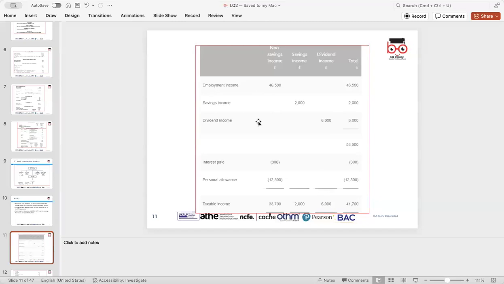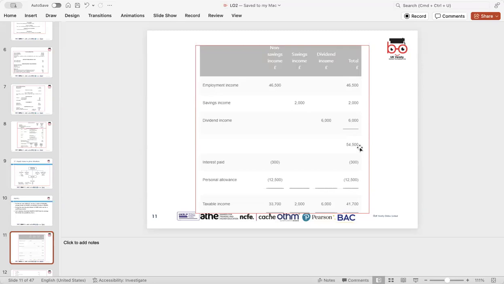So total income is equal to salary plus savings income plus dividend income. So total income is 46,500 pounds, plus 2,000, plus 6,000. Altogether that is 54,500 pounds. To calculate his net income, we subtract any allowable deductions, such as the interest he paid, from his total income.